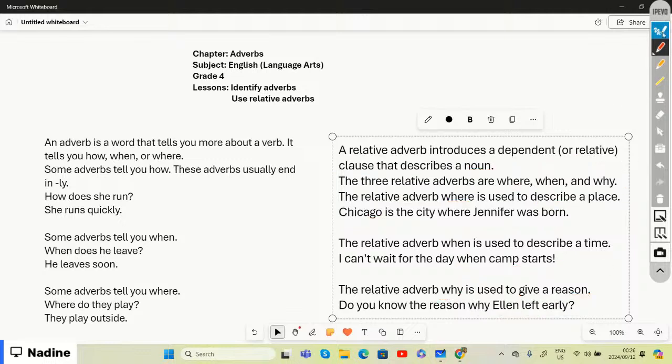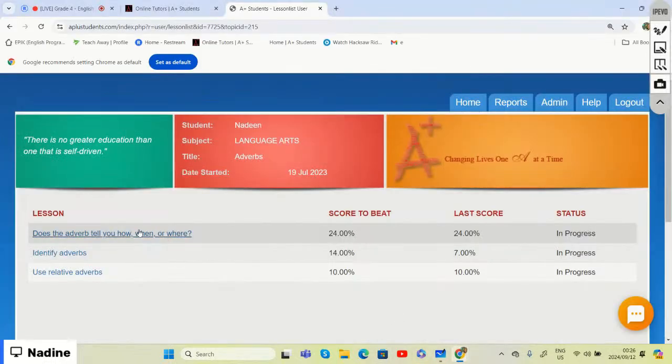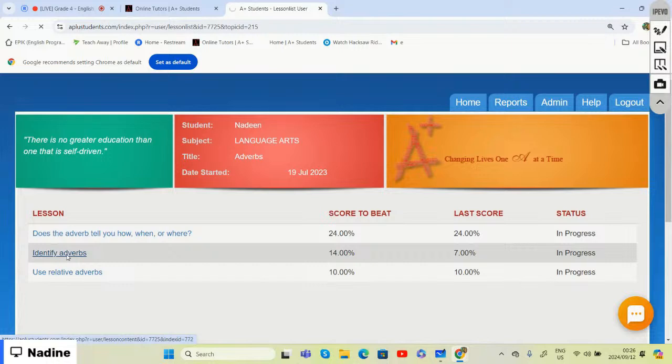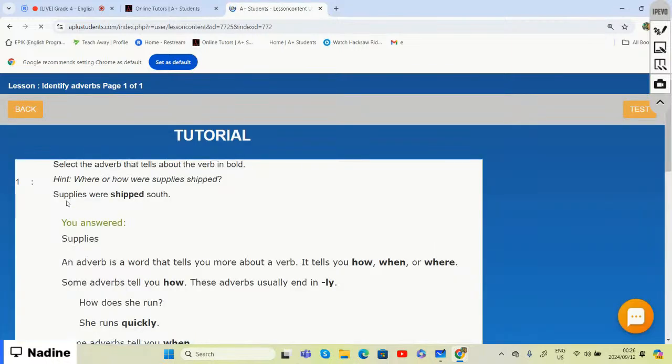All right, so now we're going to aplusstudents.ca and we're first going to identify adverbs and then we're going to do our test. And remember, we said adverbs tell us more about the verb, and adverbs tell us how, where, and when.